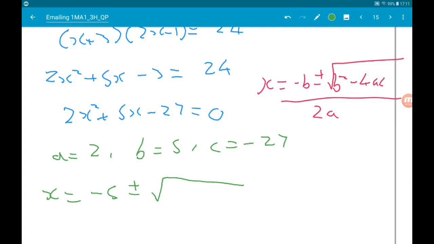So 4 times 2 is 8, 8 times 27 is 216. So that's going to give us add 216. Now just to save space, 25 add 216 is 241.